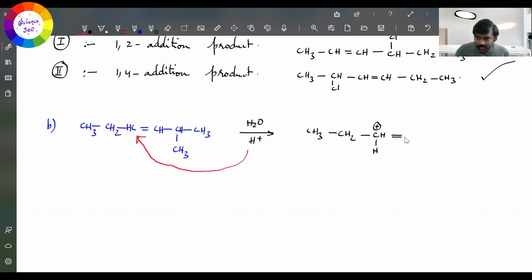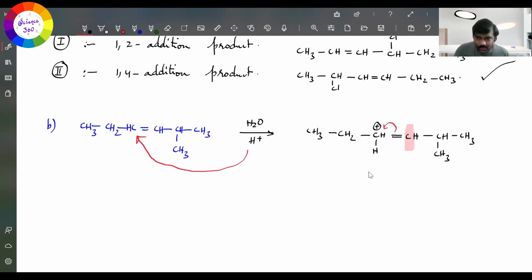So here there is a double bond nearby. That double bond tends to move towards the positive charge. So now the pi electrons will move towards it, and the positive charge will be shifted to this carbon, because the pi bond has moved from this carbon to the next carbon.